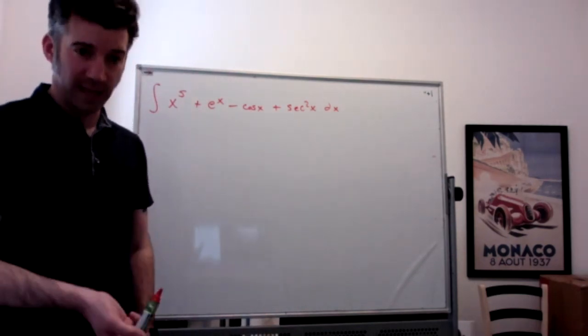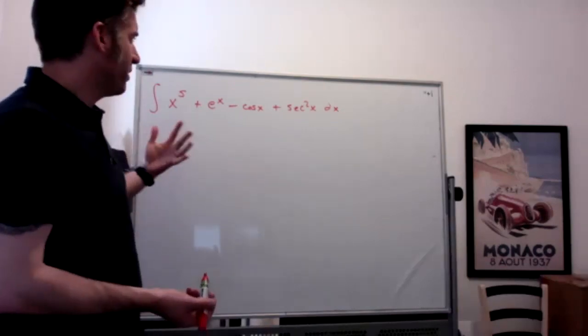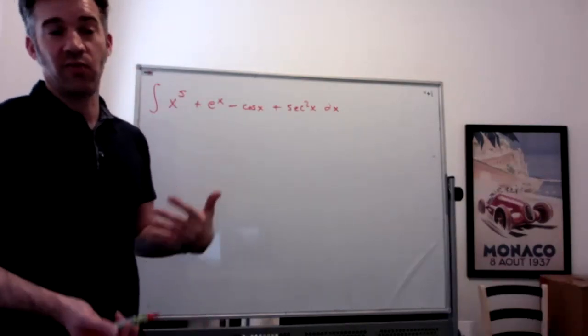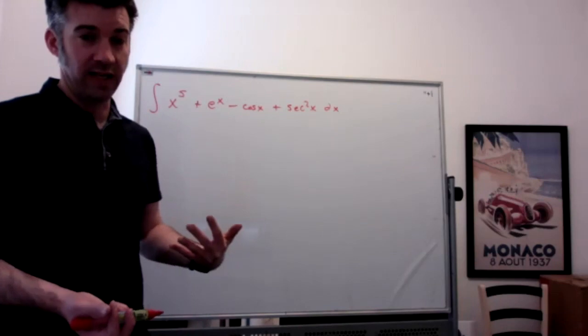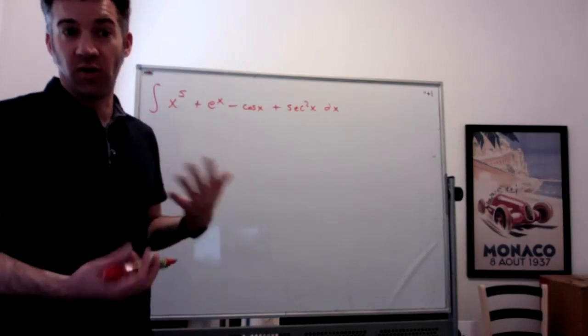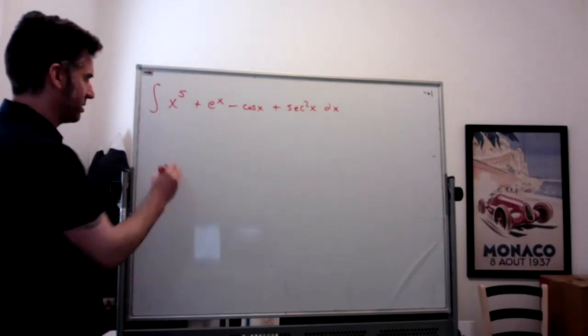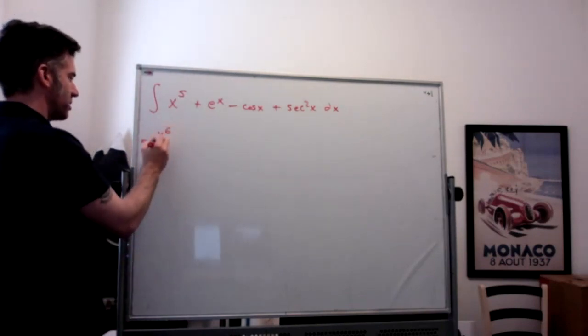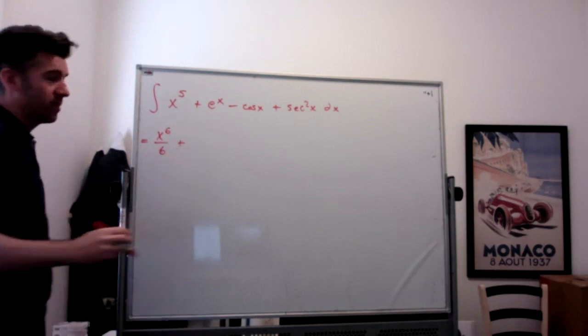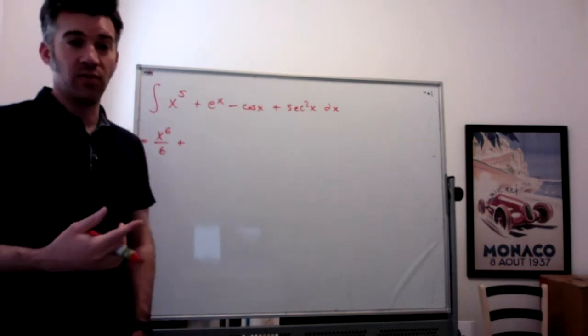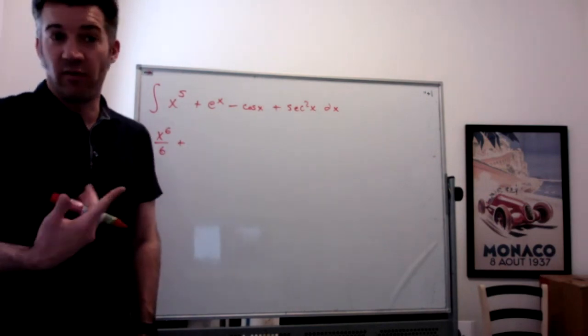Here's what I want to point out. All of these things are functions that we should be able to recognize as the derivative of something we already know. We know how to deal with the powers of x, right? This is going to equal x to the 6th over 6. We know that e to the x is the derivative of what function?